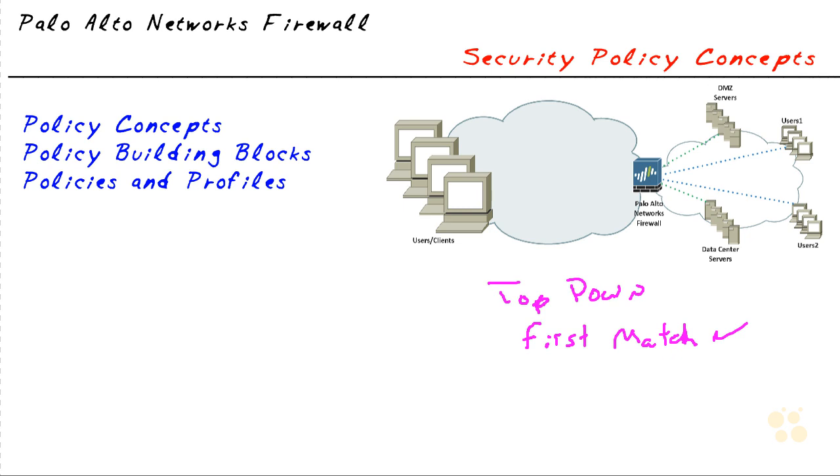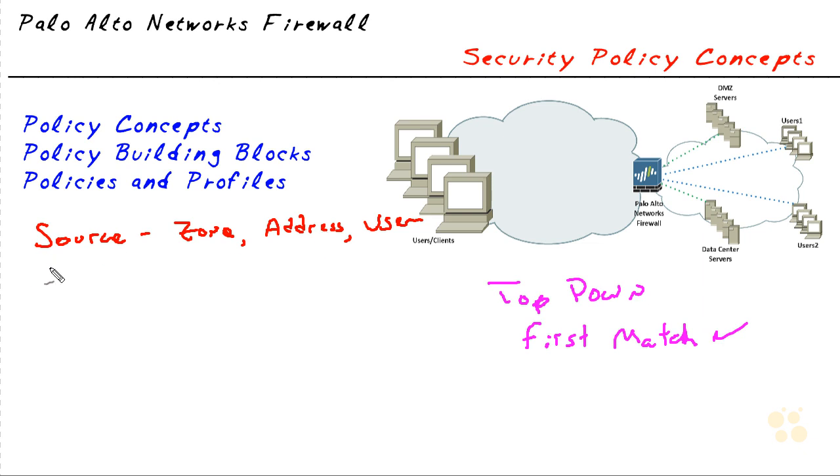Each policy entry, pick a different color here, is going to have source information. That information can include, or I suppose must include, zone, address, and user. Okay, so it could be an individual, could be a group, could be any. That's an important thing for any of these.